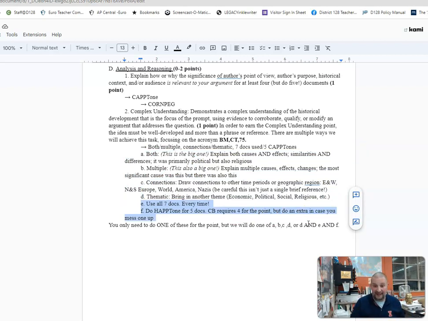It's just better writing. One of my problems with the recent College Board changes is it weakens the writing, it weakens the historical analysis. We are going to write better. Plus, if you want to be completely cynical about it, you're just sealing the deal that you're getting that 7th point, that complex understanding point.